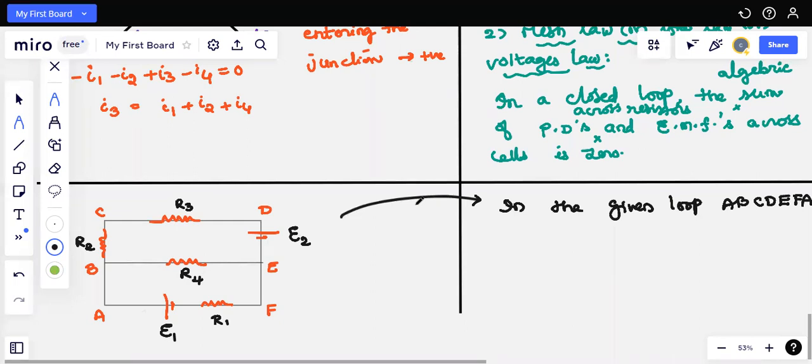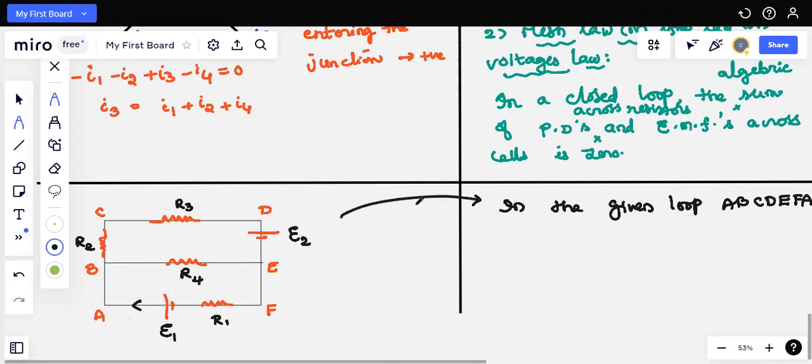Generally, you have to assume the direction of flow of current in a loop. The direction of flow of current you generally take from the positive terminal. From any one cell, you start assuming the current. I am starting to assume here from E1, the first cell.